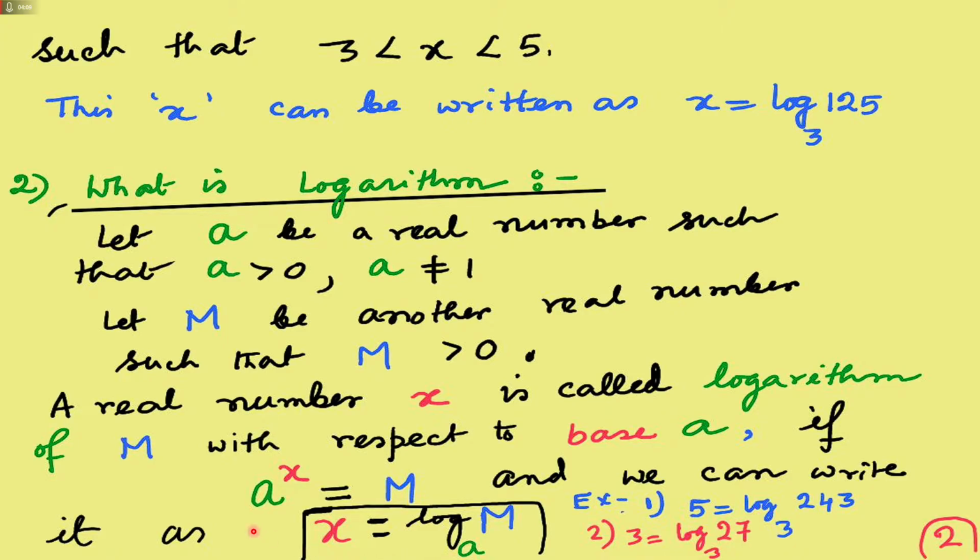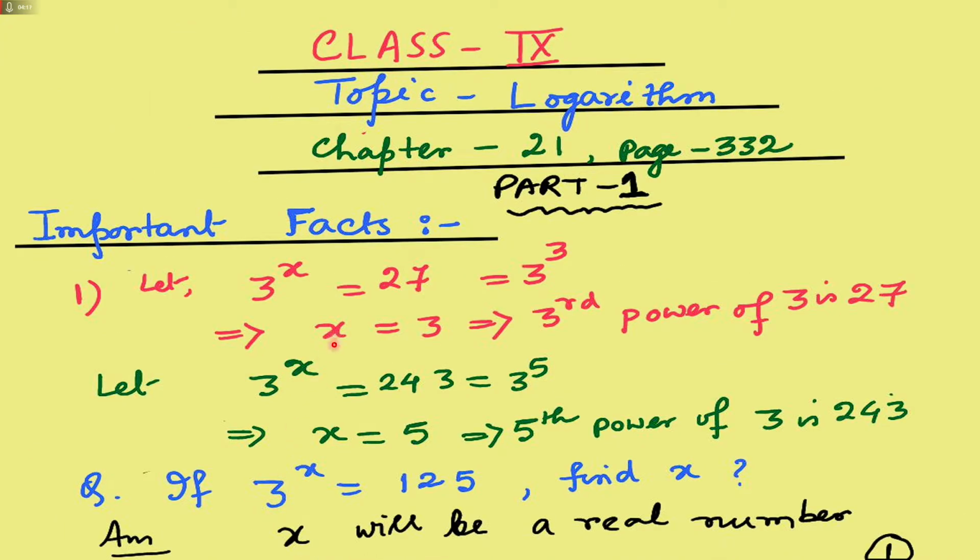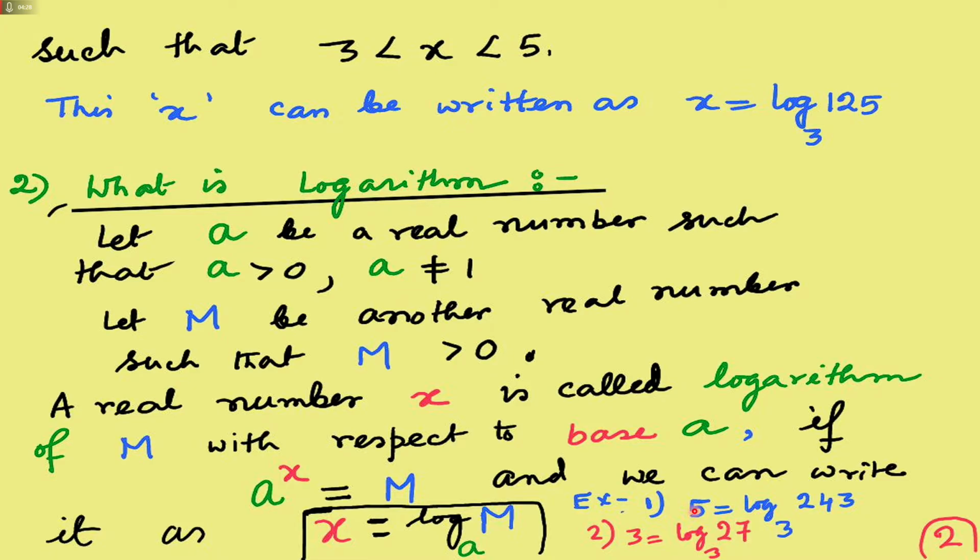That means in our previous example we have found 3 to the power 5 is equal to 243. That means 3 to the power x equal to 243 and this x was 5. So this equation can also be written as 5 equal to log 243 base 3. Just compare these two.